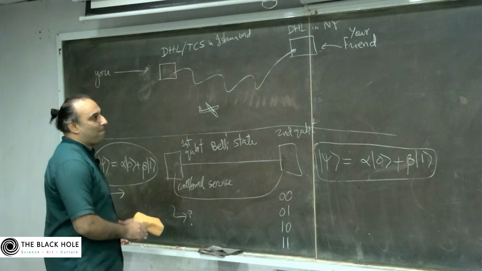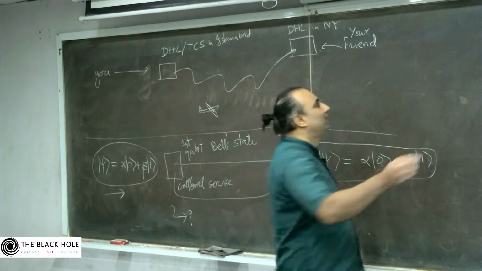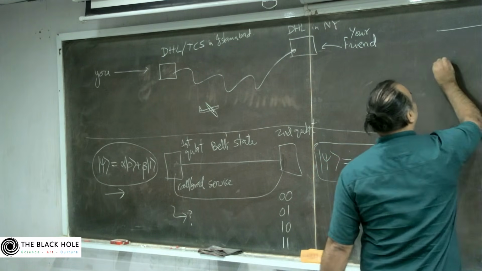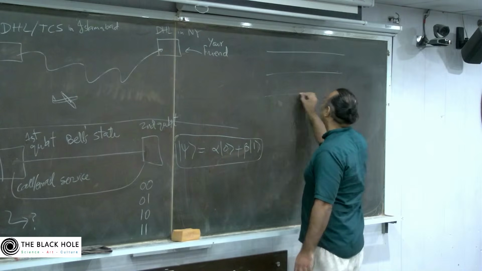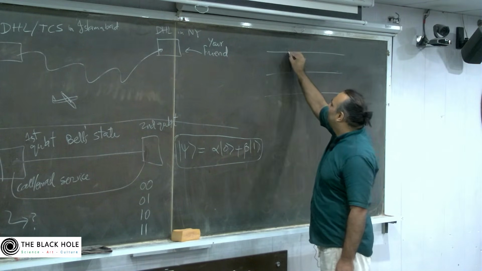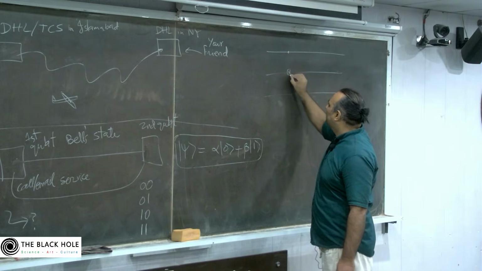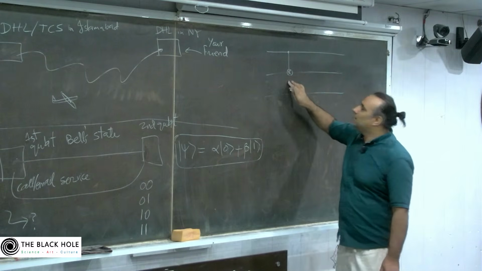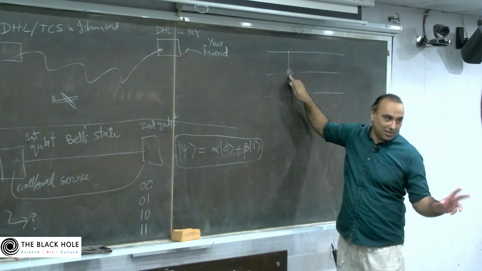So now let me draw a diagram here. This shows that this is a CNOT gate, okay.